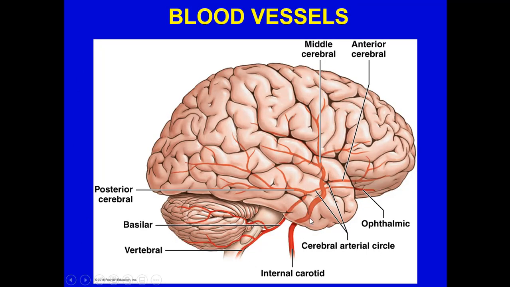You have the internal carotid going up. You have the ophthalmic, the anterior cerebral, the middle cerebral. Of course, you've also got from the vertebral coming up, which eventually joins up with the basilar, and eventually comes into the posterior cerebral.